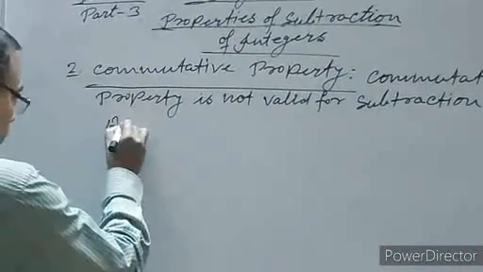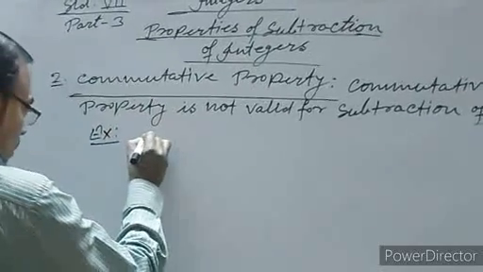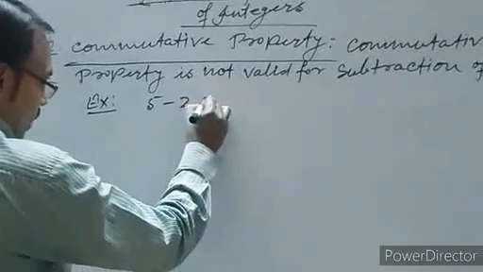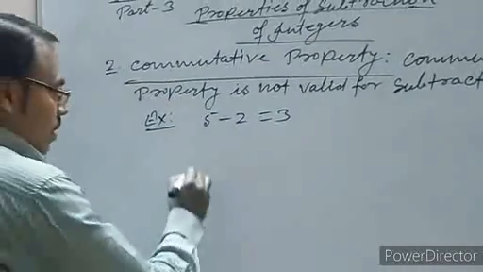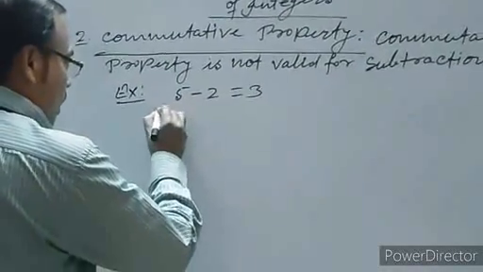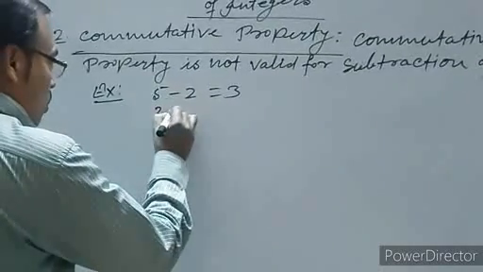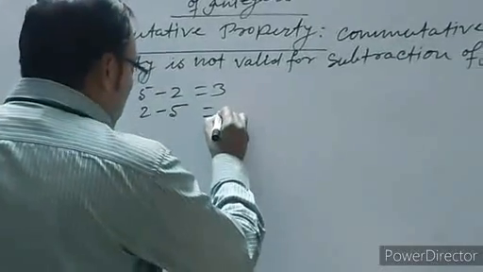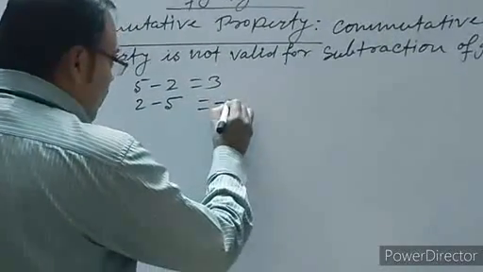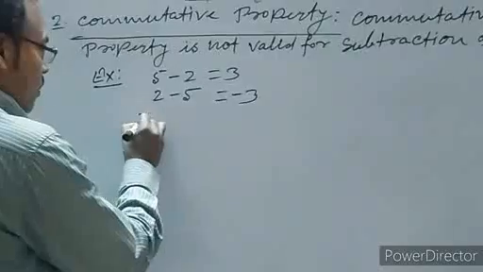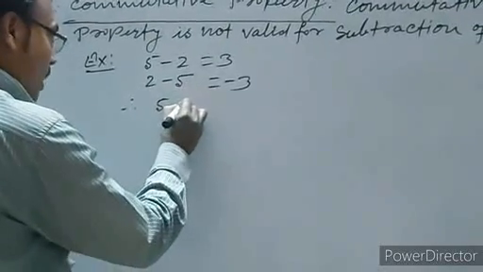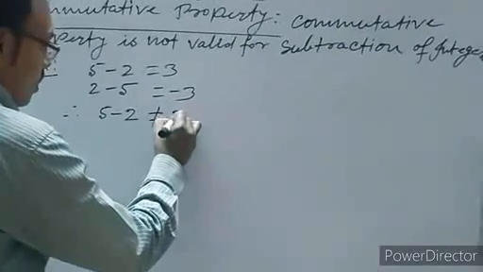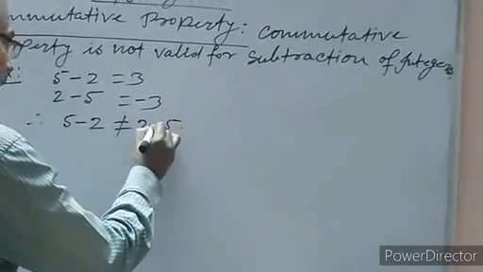Example, 5 minus 2 equal to 3. 2 minus 5 equal to minus 3. Therefore, 5 minus 2 is not equal to 2 minus 5.